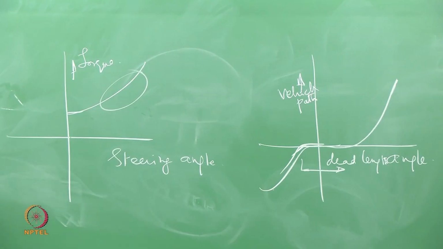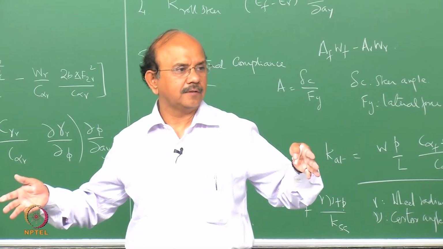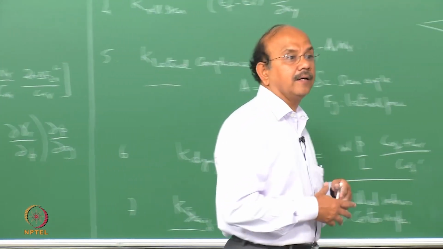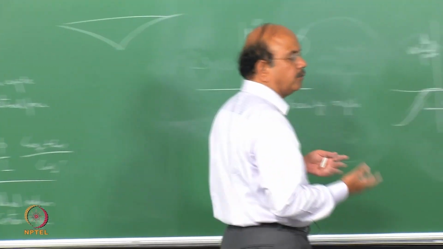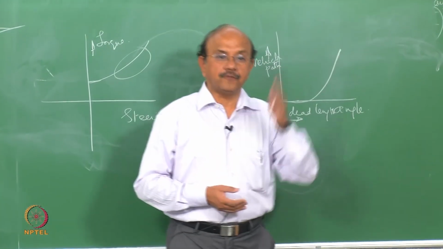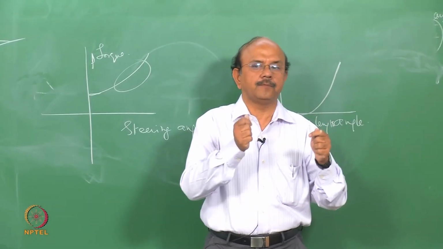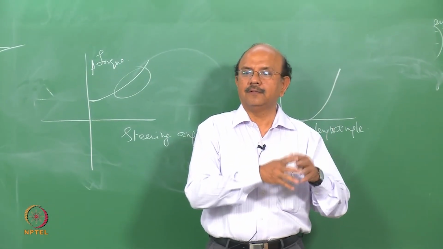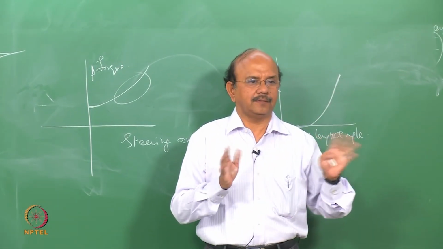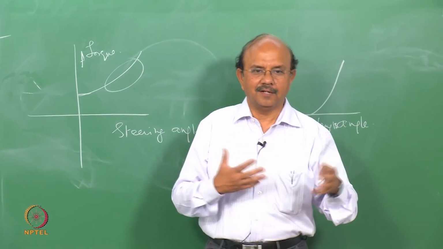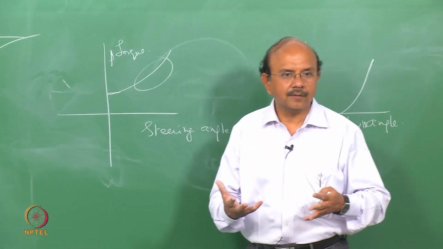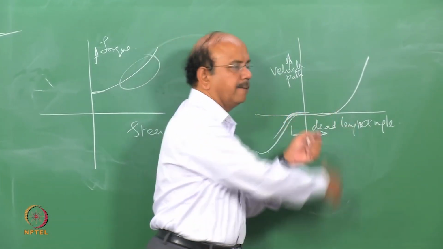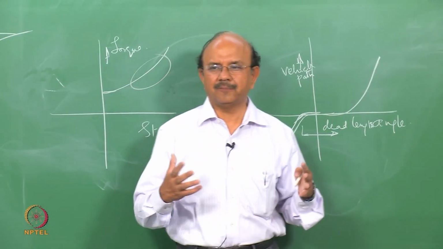Assume that the dead length is large. What happens? Then I turn the vehicle, and attitude will not change. After some time, after I turn a bit, then it will start changing. That's not good. In other words, the feel is not going to be good. So the larger it is, I'm not happy with it.